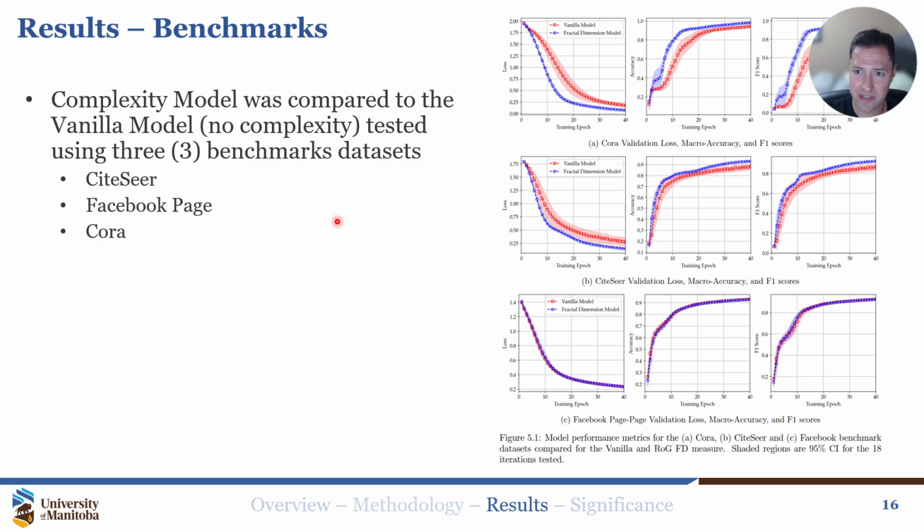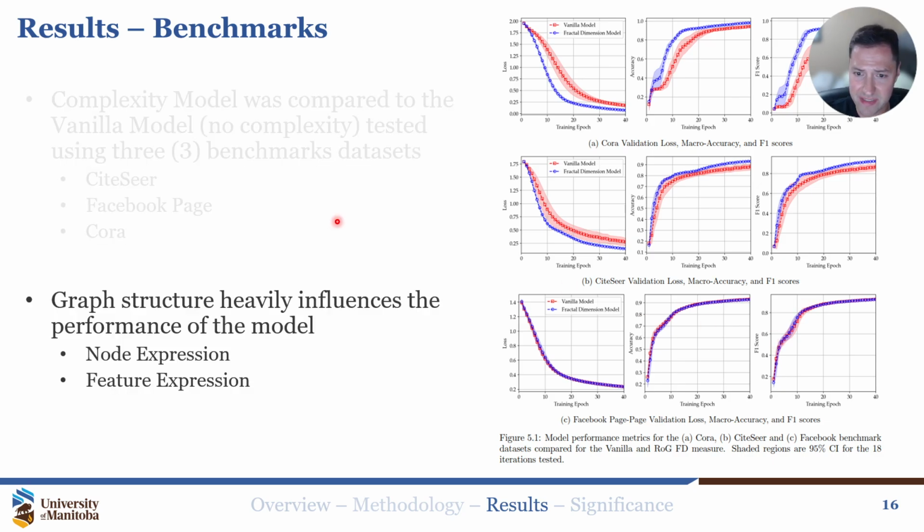I think I summarized this here: we looked at those 3 benchmark data sets, and the graph structure, at least what we found, heavily influences the performance of the model in terms of node and feature expression.